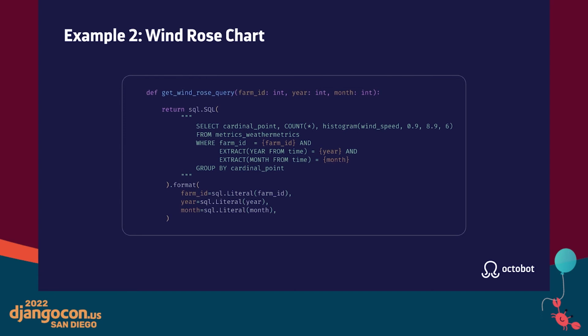And here the main thing to notice is the histogram hyperfunction, which really fits in this context because it provides us with how data is distributed. In this case, for a period of time, you can specify the minimum and max ranges for our data, and it will provide us with the distribution of wind speed.